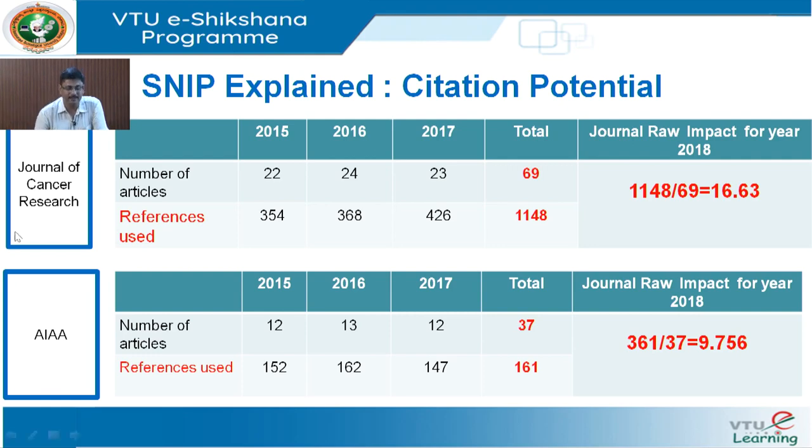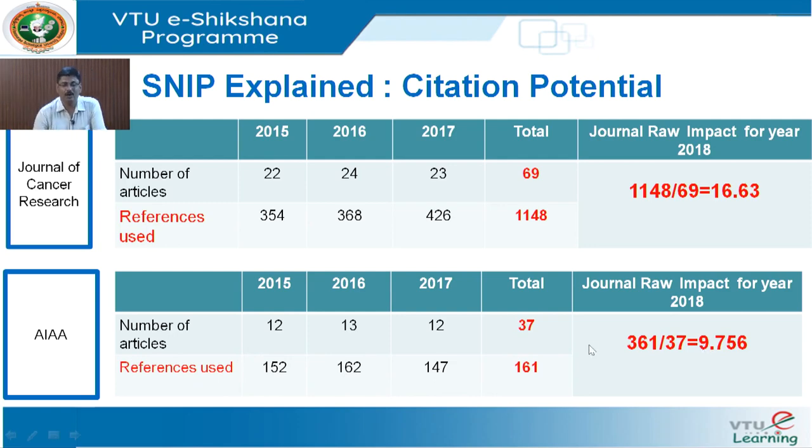So their citation potentiality of this journal is 16.63. That means this journal is also getting citations and is also equally giving citations to others. Whereas here, they have used these many references, and it has a citation potentiality of 9 to other journals.